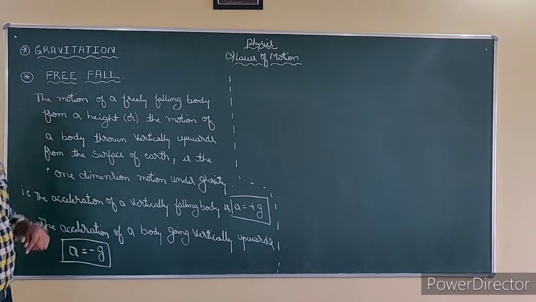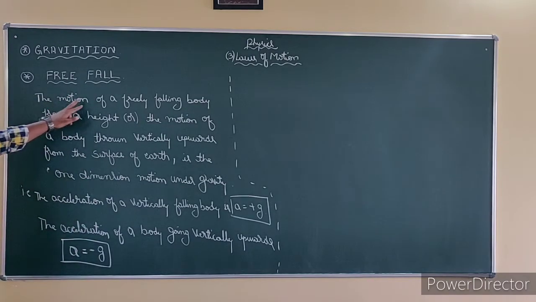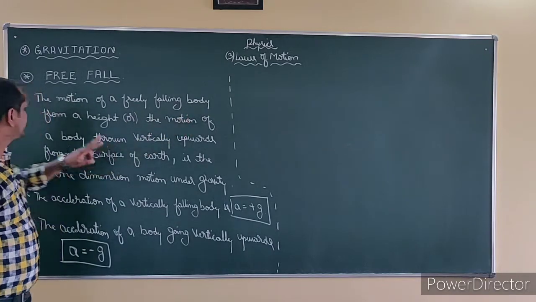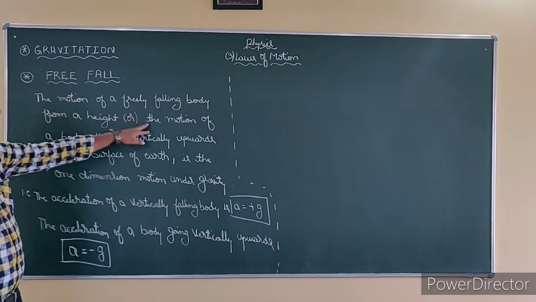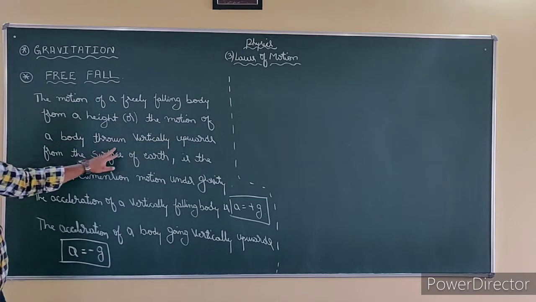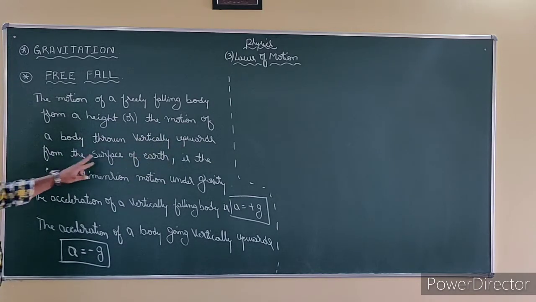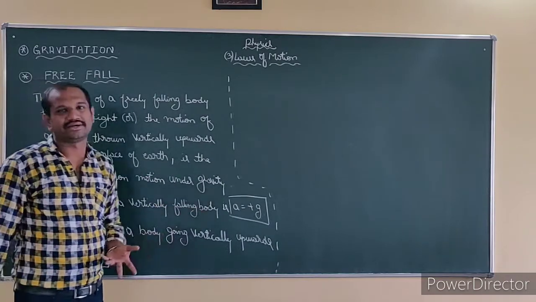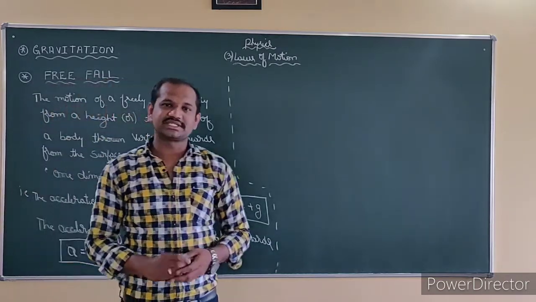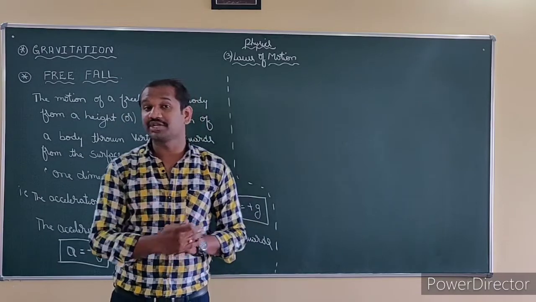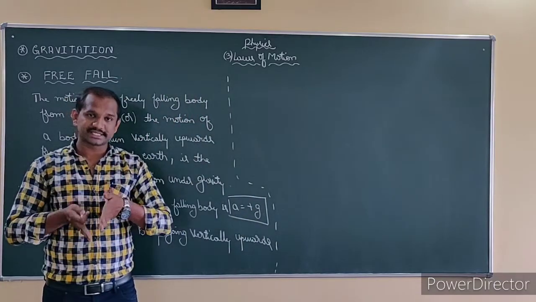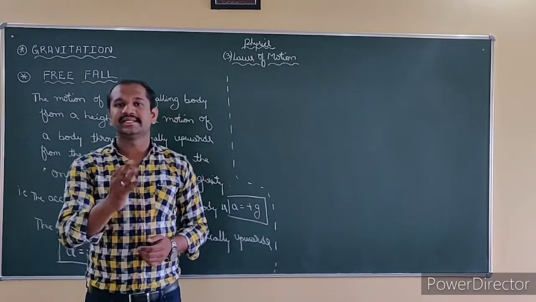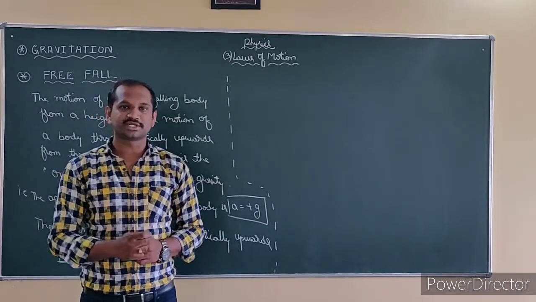The motion of a freely falling body from a height, or the motion of a body thrown vertically upwards from the surface of the earth, is one-dimension motion under gravity. In the chapter on motion in one dimension we studied that if a body keeps moving in a straight line, or a linear or translational path, it is considered motion in one dimension.